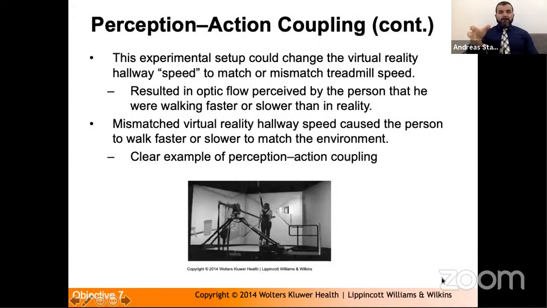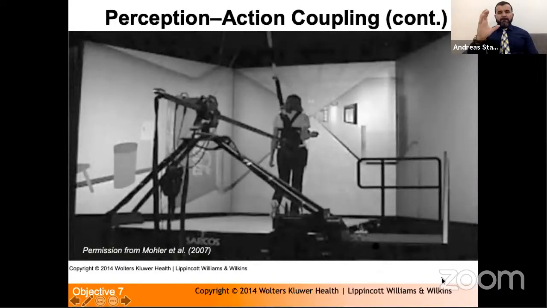Here we're manipulating the environment. This is a virtual reality environment. So that person is looking at something like a corridor in front of her, right? And when they make it move faster, she starts walking faster because she thinks that she's there.